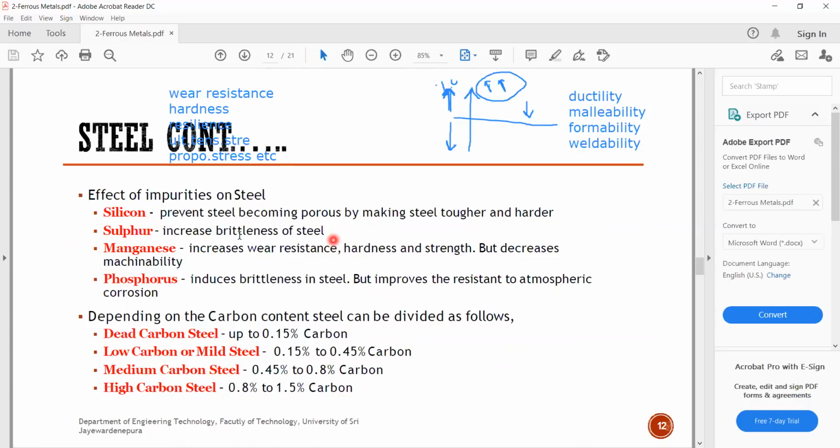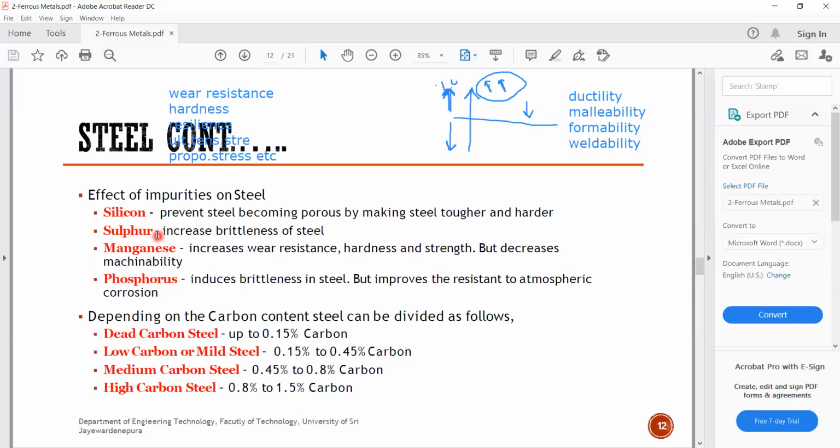So what will happen, or what are the properties, if you add silicon? If you add silicon to the steel, it will prevent the steel from becoming porous, right?